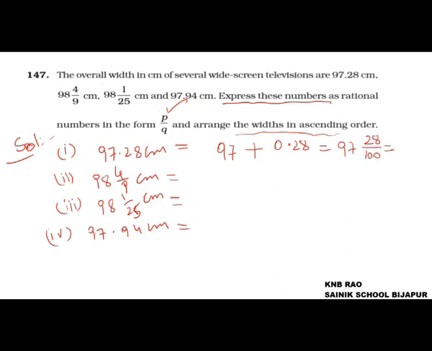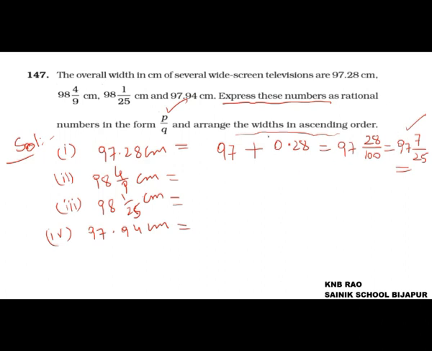On simplification, this 28 by 100, by cancelling with a common factor 4, 4 7s are 28 and 4 25s are 100, gives us 97 integer 7 by 25 as a mixed fraction.